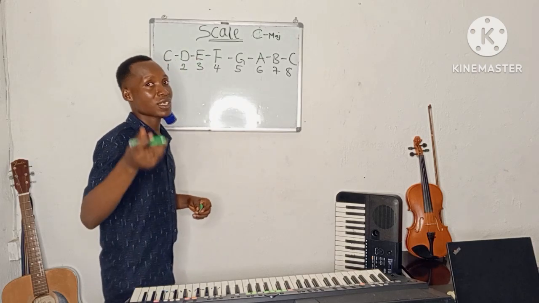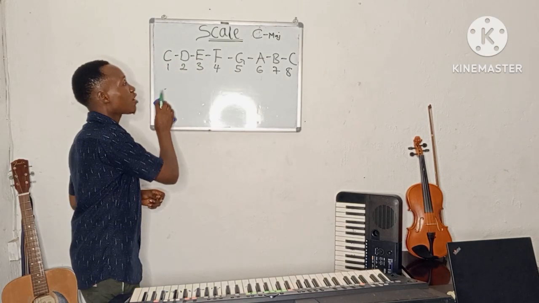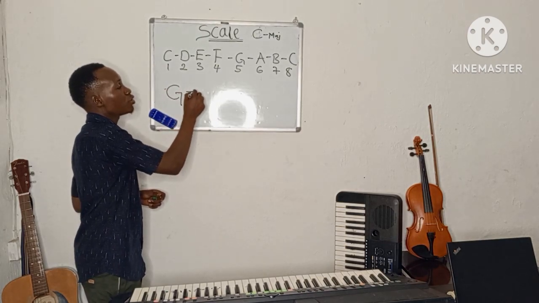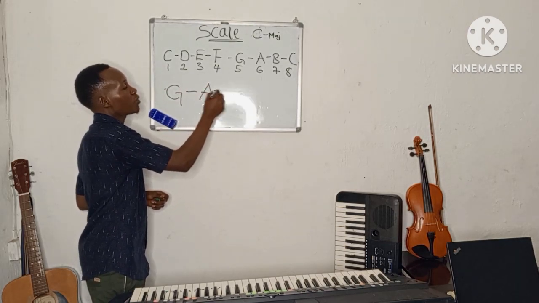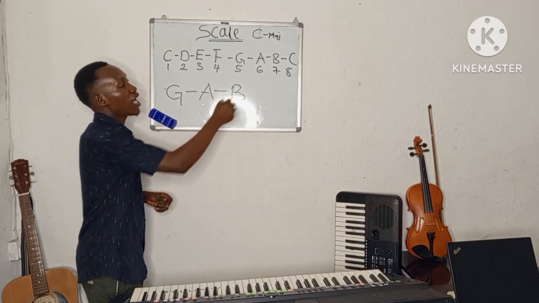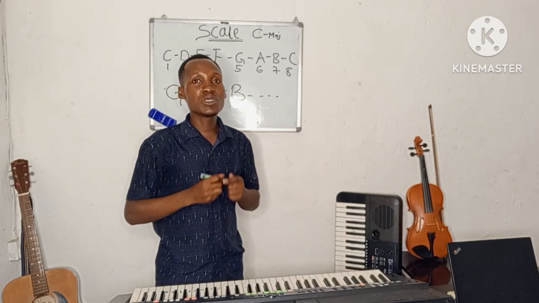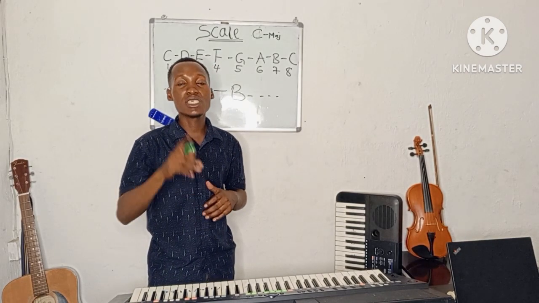So if we are talking about key G major, that means our scale is going to start with what? G. And then from G it will move to A. From A it will move to what? B. And so on till you get to the last letter, which is the 8th letter.